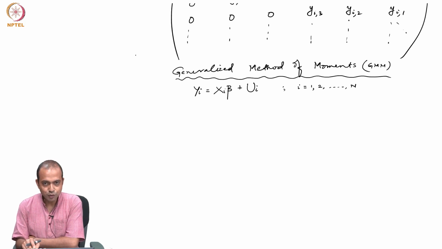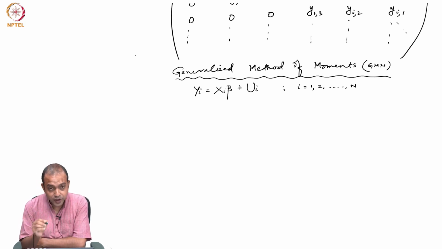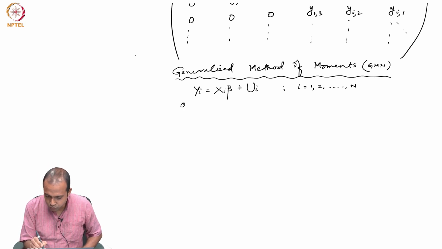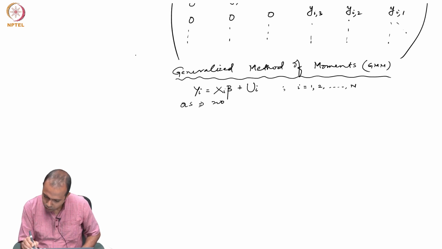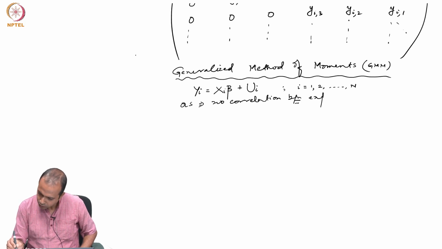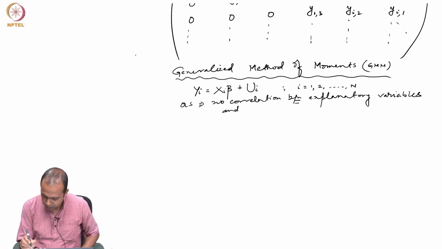Okay, none of my explanatory variables should be correlated with my error term, and in terms of expectation, you can write that OLS assumes no correlation between explanatory variables and the error term.